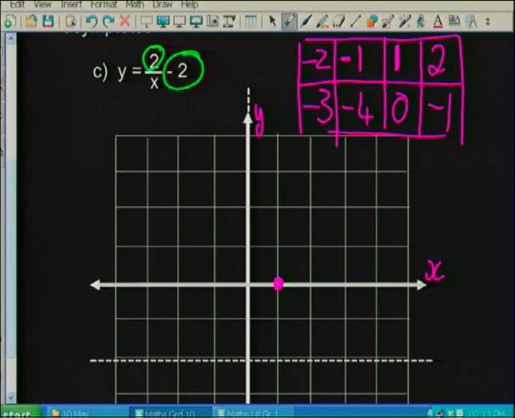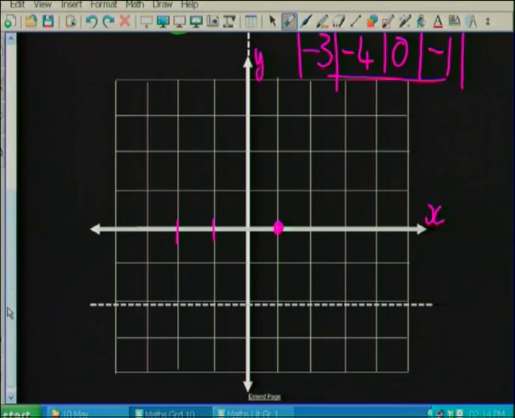Right, and on with the business of sketching. This one will fit in nicely on my scale. X is minus 2. Y is minus 3. 1, 2, 3. Over there. X is minus 1. Y is minus 4. So that's over there.